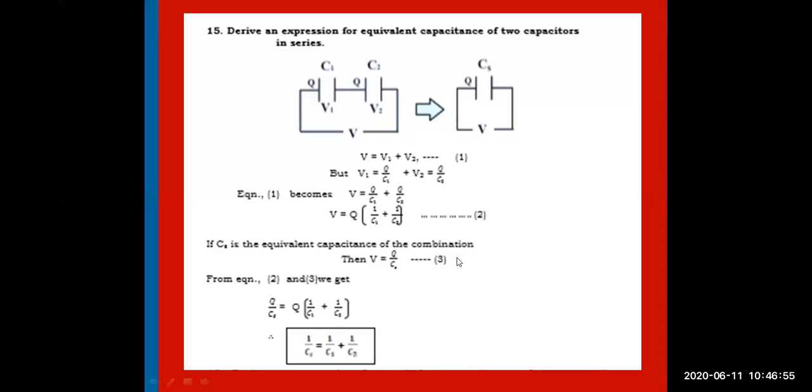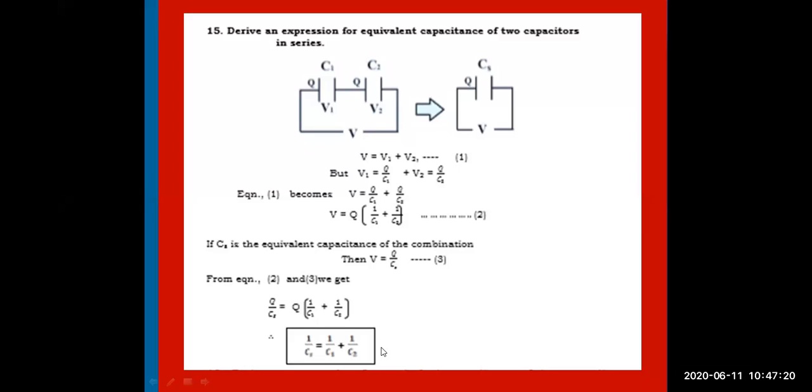From equations 2 and 3, what can you get? V and V are common. So I can write Q divided by Cs is equal to Q into 1 by C1 plus 1 by C2. What is common in both the terms? Q. So you can cancel them out. When you cancel them, you will get 1 by Cs is equal to 1 by C1 plus 1 divided by C2.